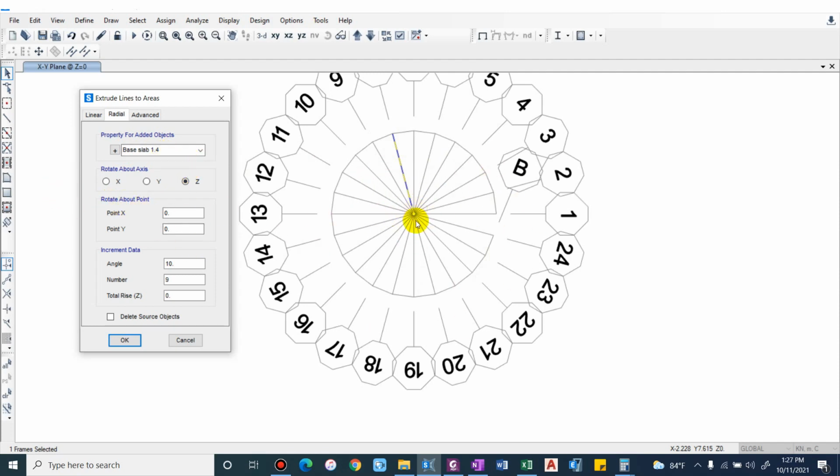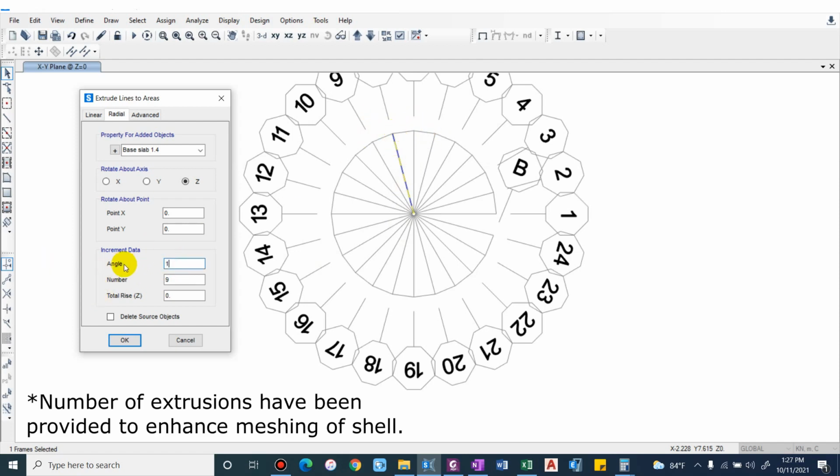Rotate about 0, 0. Angle: we had the grid spacing along theta as 15, and the number is 360 divided by 15, 24. Total rise 0. Delete source object, which will delete this frame.